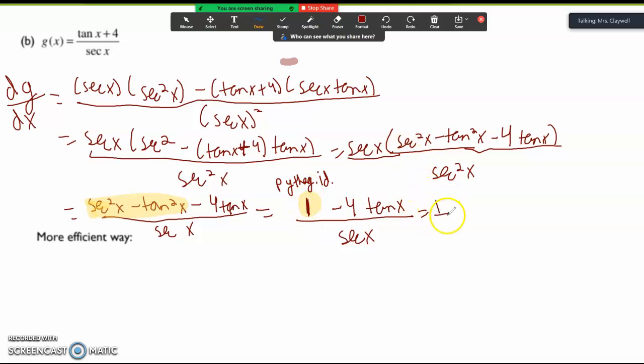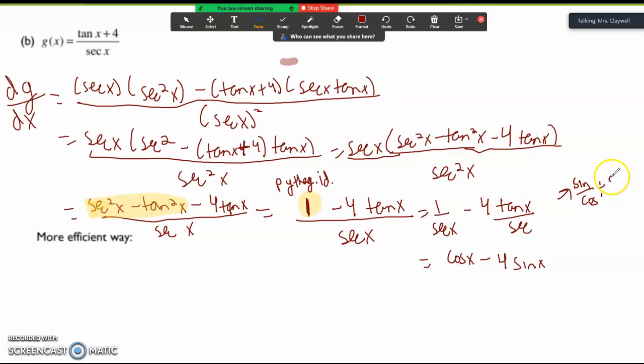And then I can write this as 1 over secant minus 4 tangent over secant, which we can see as cosine. And then this would simplify to sine x. If I'm going to show a little bit of work over here, tangent is sine over cosine divided by secant.